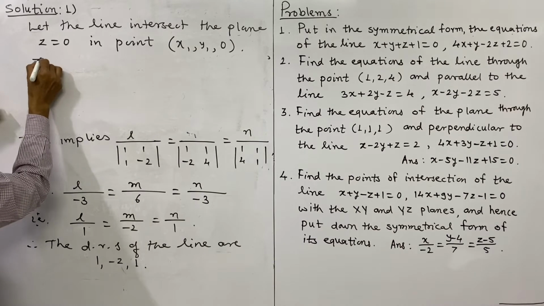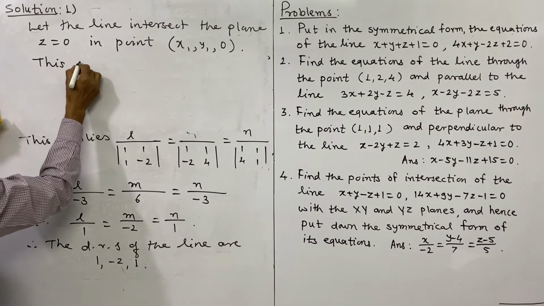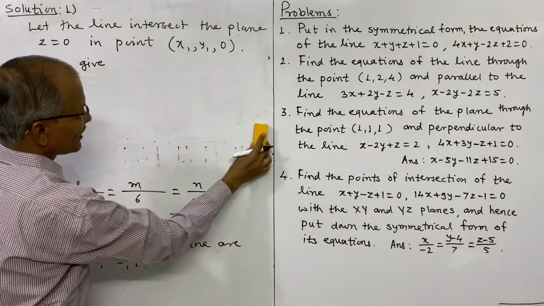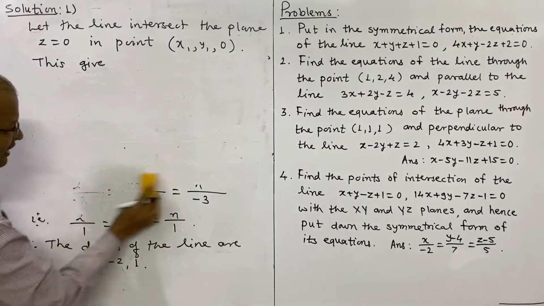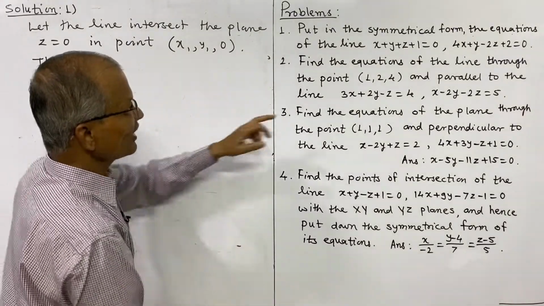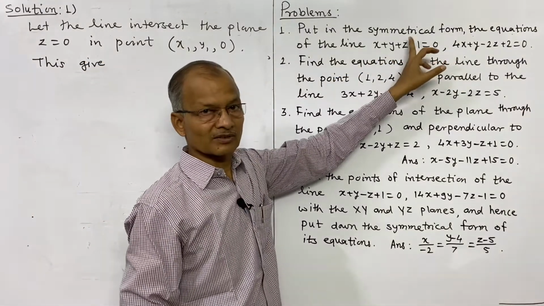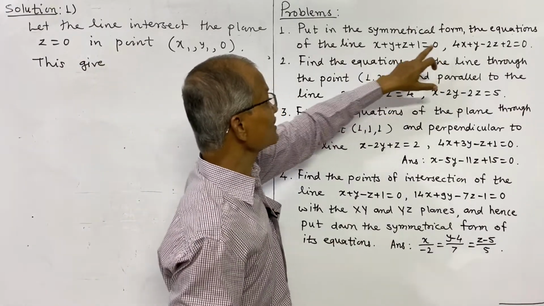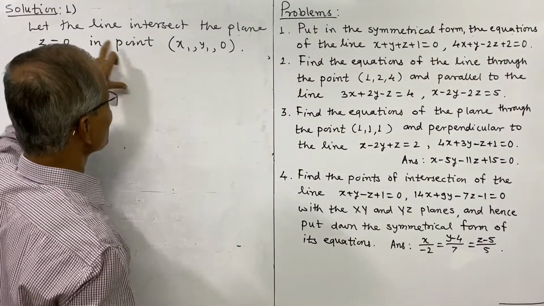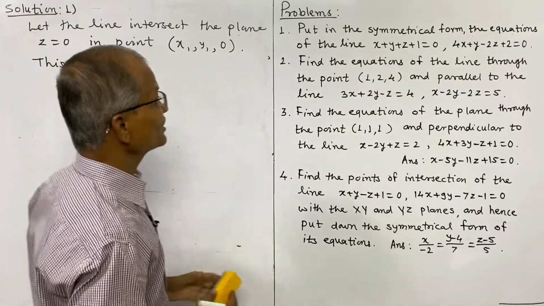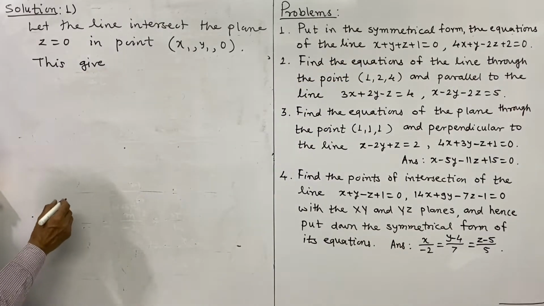So we suppose the coordinates of the point are x1, y1, 0. See the equations of the planes. These equations we have written at the start, and these planes intersect with the plane z is equal to 0 in a point. So we can write the equations in terms of x1, y1.